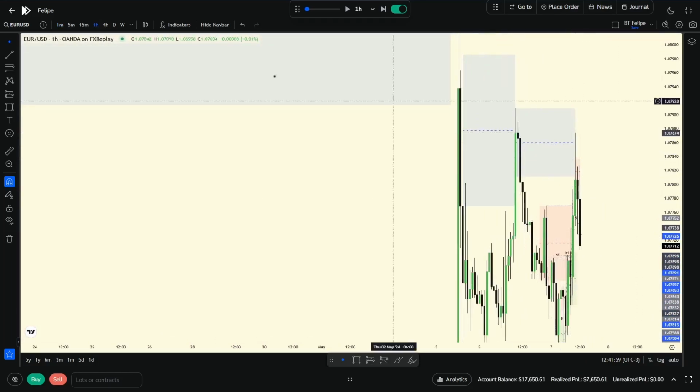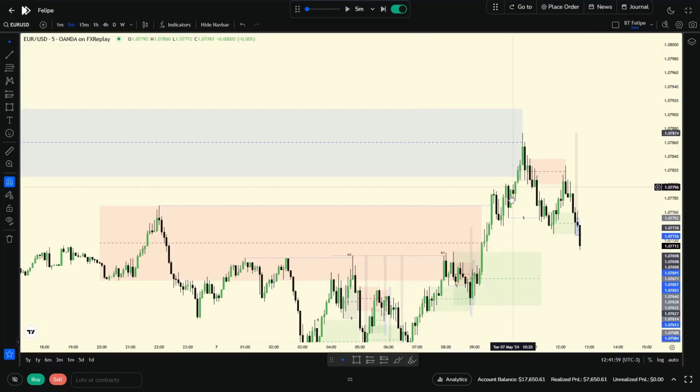You never know when it's going to give a reaction. Sometimes it just goes straight up and sometimes it stops here. This was the POI for this M5, so maybe price can still stop here and then keep going up, but for now it's mitigating down.